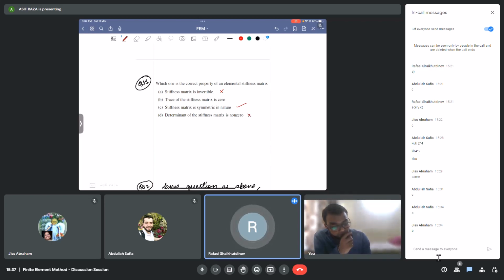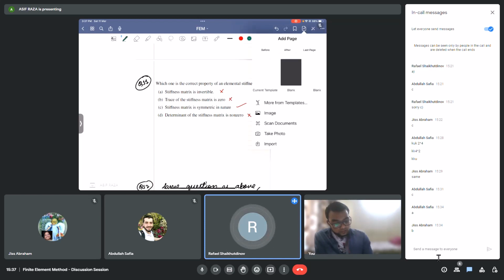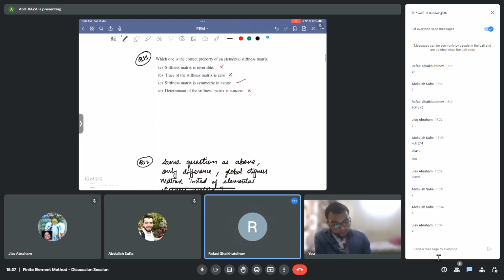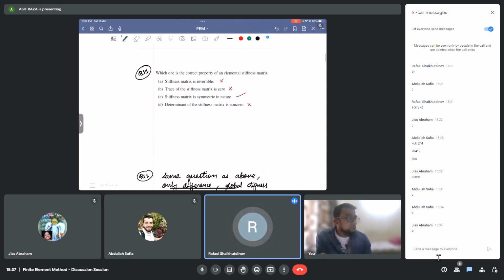Actually, what does it mean that the trace is not zero? If the trace is zero, what does it mean for an operator? If a matrix has zero trace, how does it act? Why is this important?